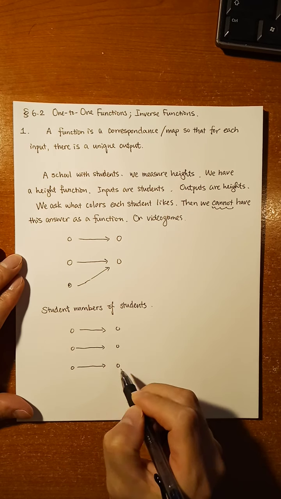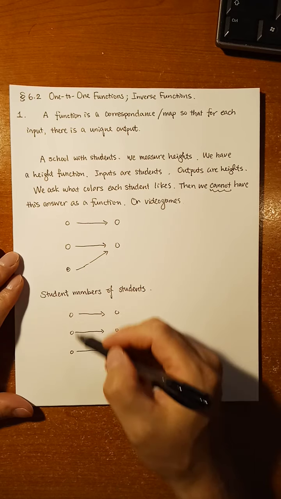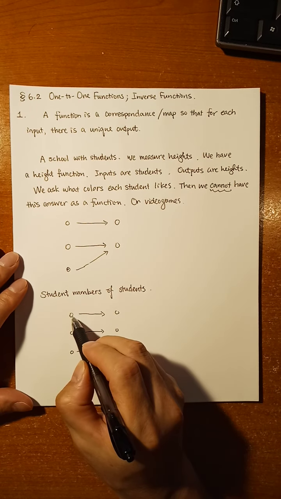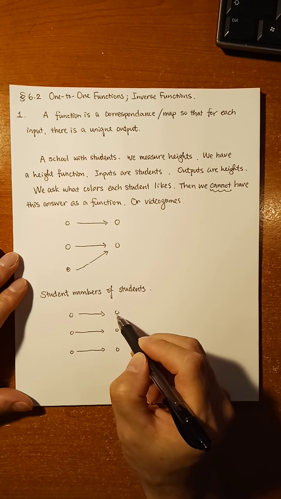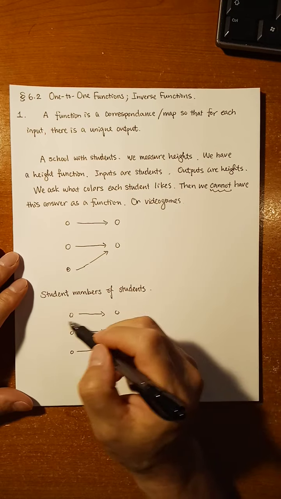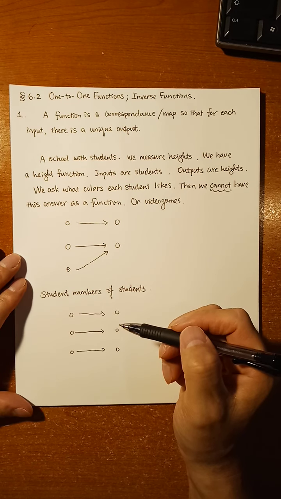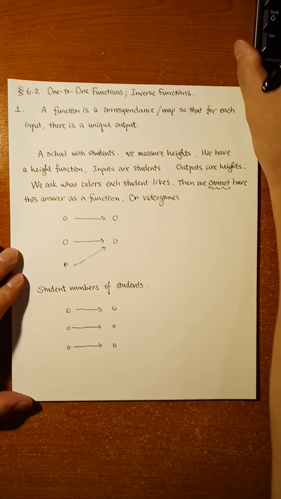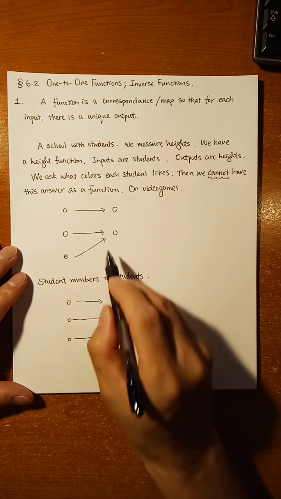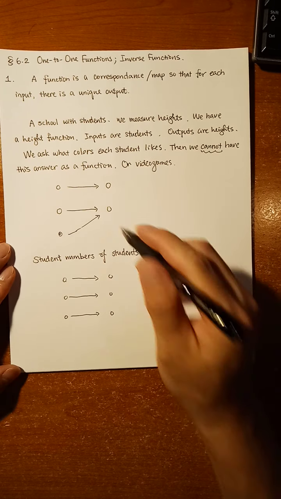Two students will not have the same number. The important thing is that whenever you know the student, you can get the number, and when you get the number, you will have the student. So that is what we call one-to-one. One-to-one just means those two things. You don't have two arrows targeting the same point, the same object.